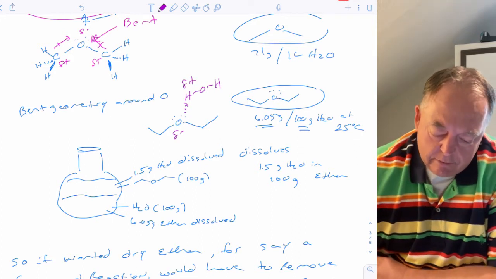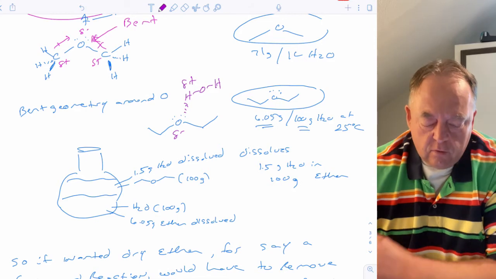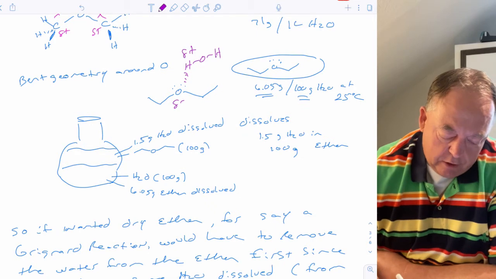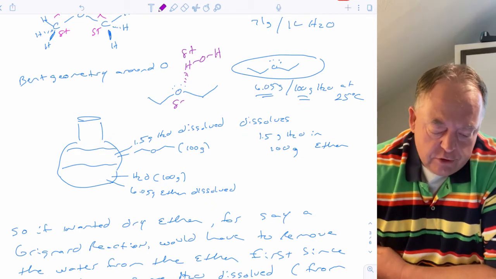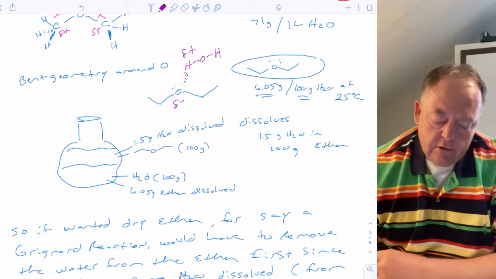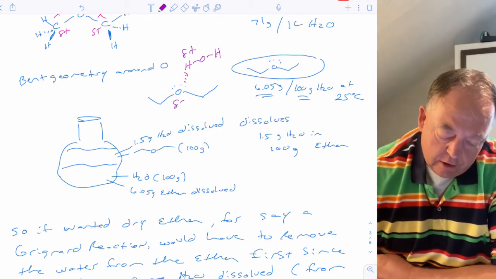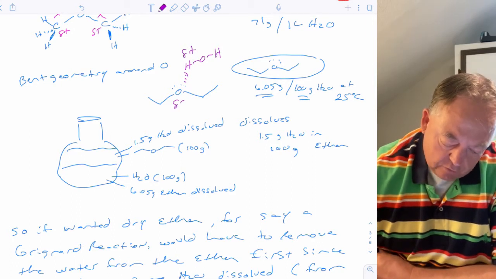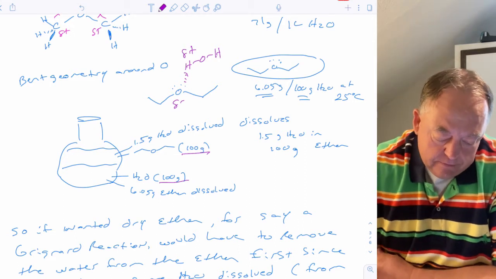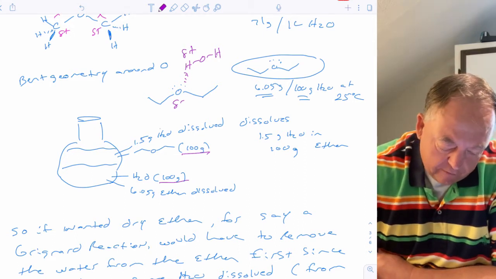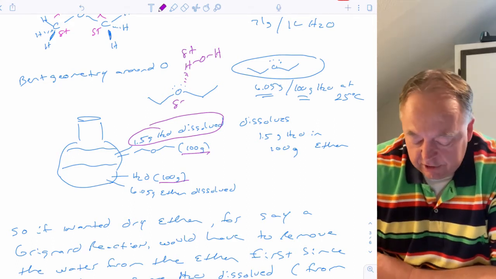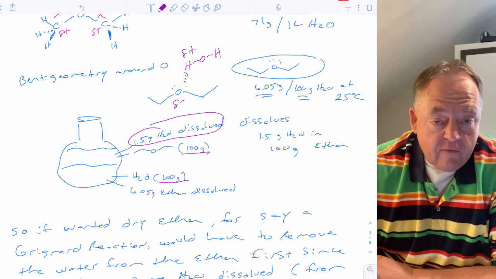So after 6 grams, anything after that is going to form a separate layer, and you would have 2 layers. All right, so if you had some diethyl ether and water, and diethyl ether is used as a solvent all the time in organic chemistry, so you can use it for extractions. So if you had a diethyl ether water mixture, so if we had 100 grams of diethyl ether and 100 grams of water, there would be 1.5 grams of water dissolved in the ether, so it would actually need 101.5 grams of water.